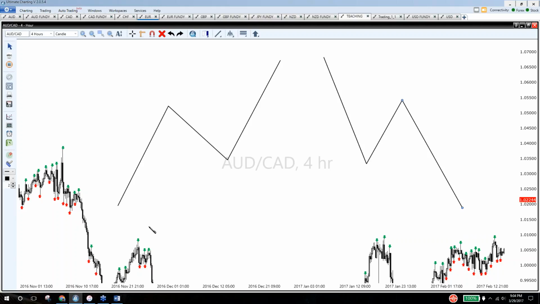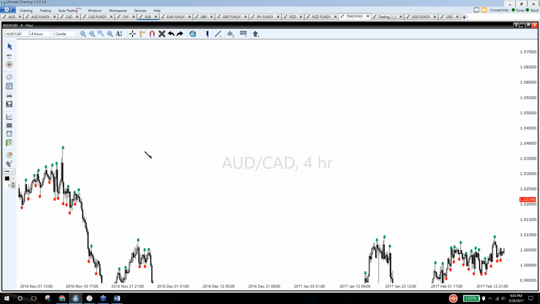Okay, so while it is true that the market does indeed move this way in these ABCD waves, there is also the fact that the market doesn't necessarily move in straight lines, right?